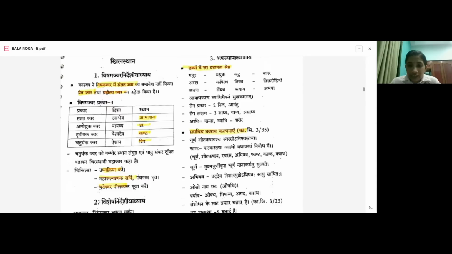Churna, Shita Kashaya, Swarasa, Abhishava, Pinda, Kalka, Kwatha. You have to remember these names and the number of Kashaya Kalpanas. It is frequently asked how many types of Kashaya Kalpanas are mentioned in Kashyapa Samhita. Okay.